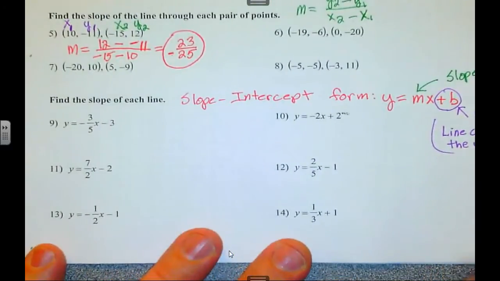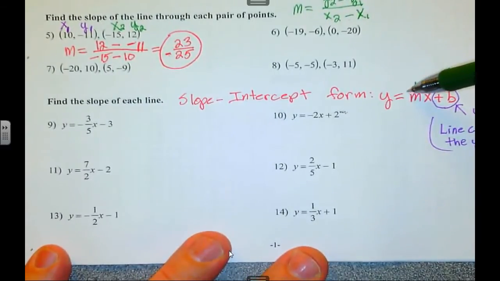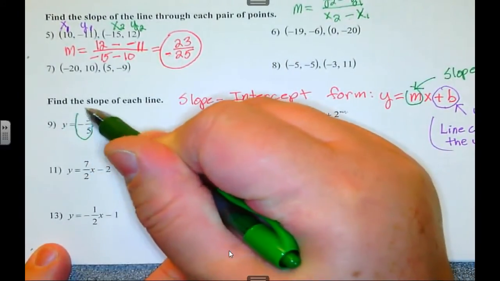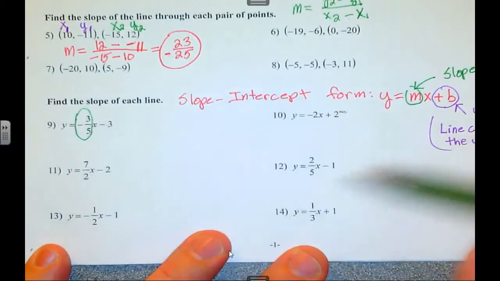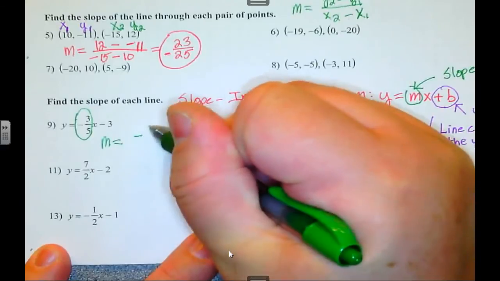Okay. Number 9. So it wants us to find the slope of each line. And number 9, what's my slope? Remember, it's the m. Yeah, negative 3 over 5. It's the coefficient of x. So my slope here is negative 3 over 5.